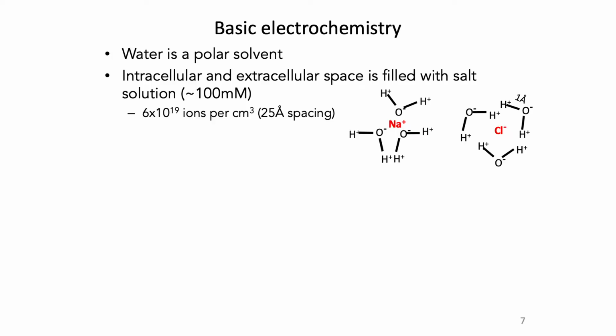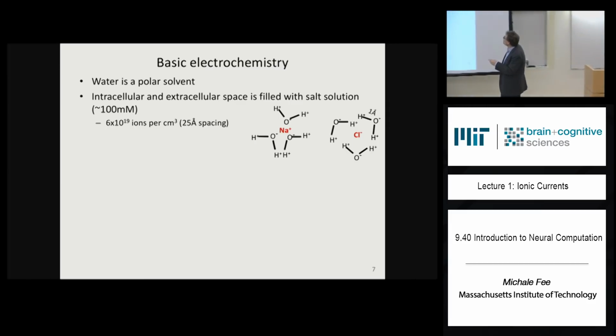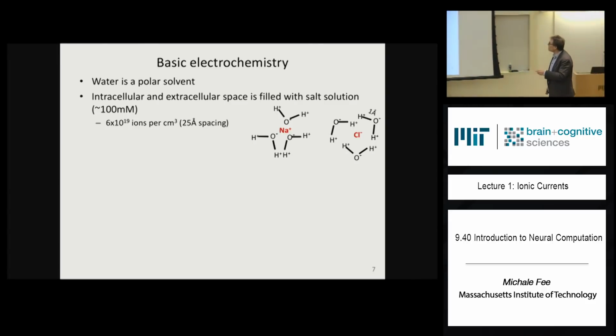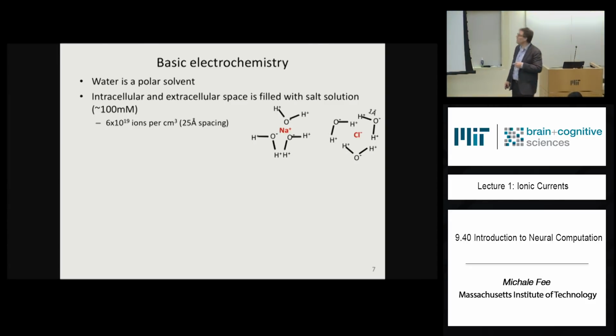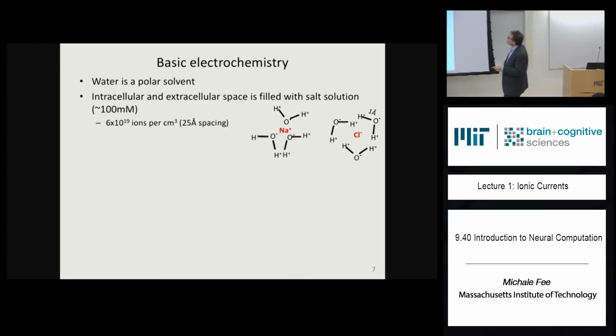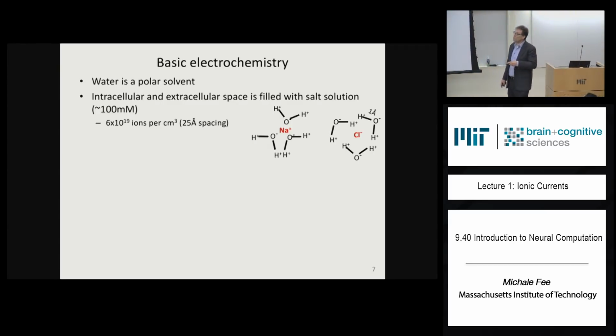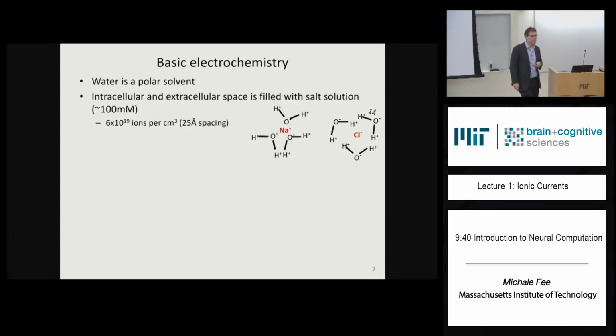Water is a polar solvent. That means that the slightly negatively charged oxygen is attracted toward positive ions. Okay, and the intracellular and extracellular space are filled with salt solution at a concentration of about 100 millimolar. Okay?